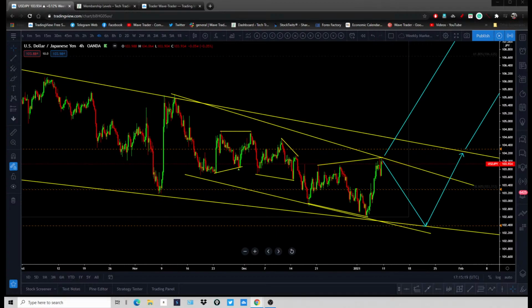So similar way. Dollar yen can take some time to reverse for longer term, but it's a good longer term opportunity to watch closely. So there you go.